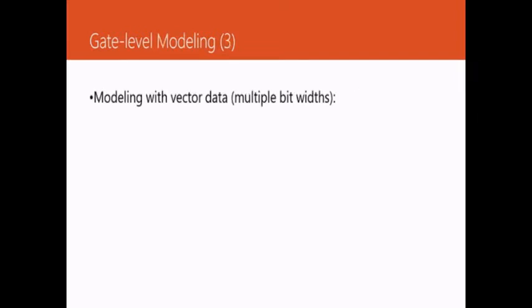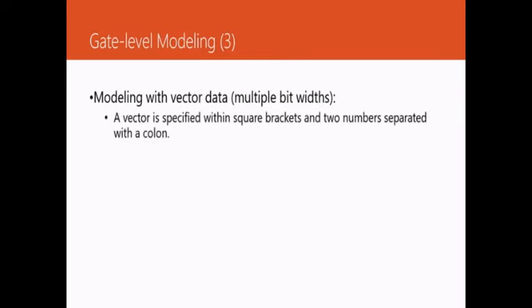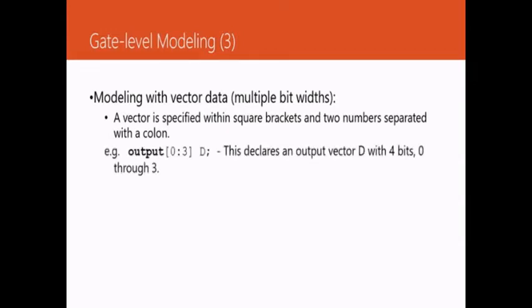Modeling with vector data means multiple bits with widths. A vector is specified within square brackets and 2 numbers separated with a colon. Example: output [0:3] D; this declares an output vector D with 4 bits, from 0 through 3.